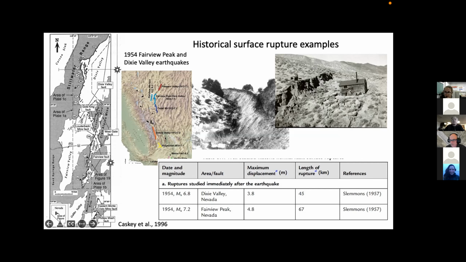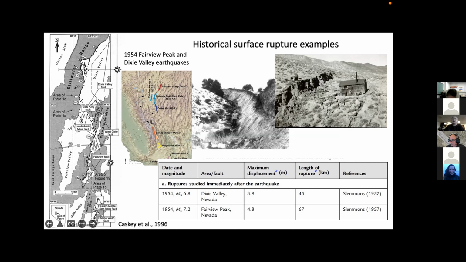And there's right lateral deformation in the Walker Lake area, and how the fault might be distributed across the landscape. It may not be purely normal everywhere.